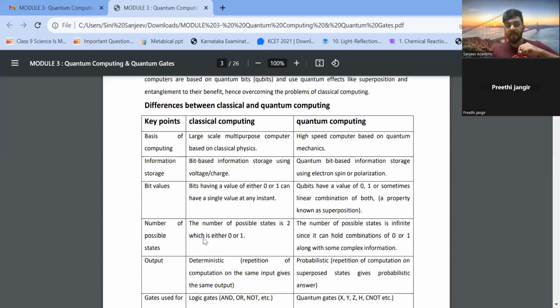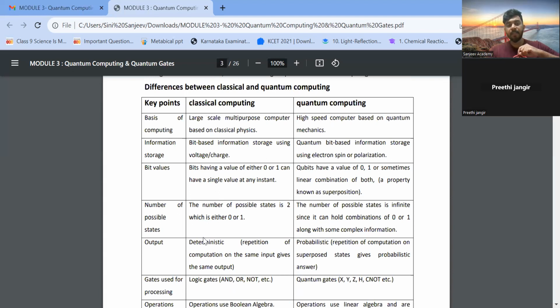Now coming to the main differences. In classical computing, we can only hold zeros and ones. But in quantum computing, not only 0 and 1; if it goes to a quasi state, it cannot decide itself whether it is 0 or 1, that is, it goes to complex numbers also.